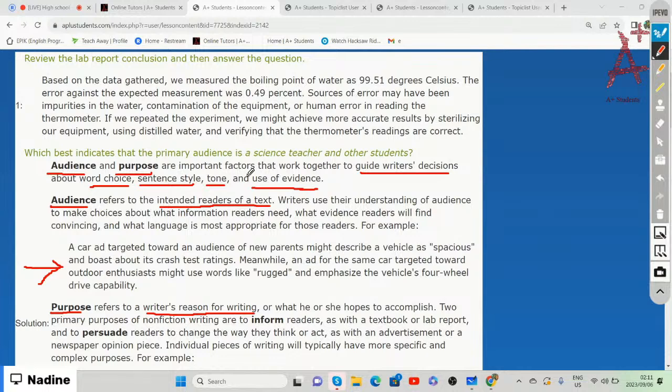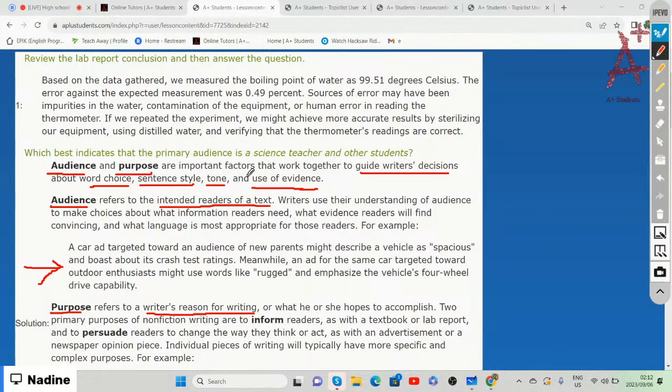Another way to put it is, what do you as a writer hope to accomplish by writing this piece? Purpose refers to a writer's reason for writing, or what he or she hopes to accomplish at the end of writing the article, the text, or the book, even the textbook.